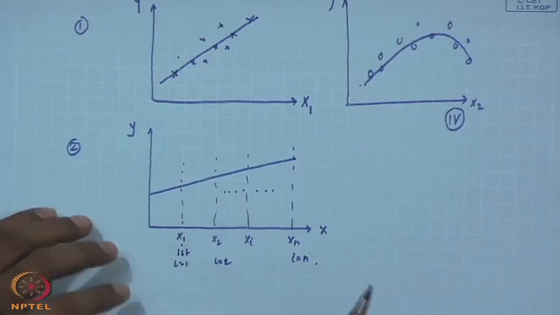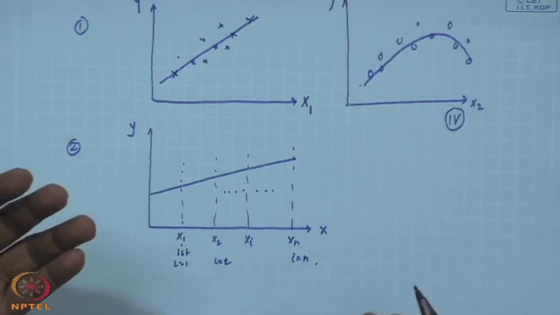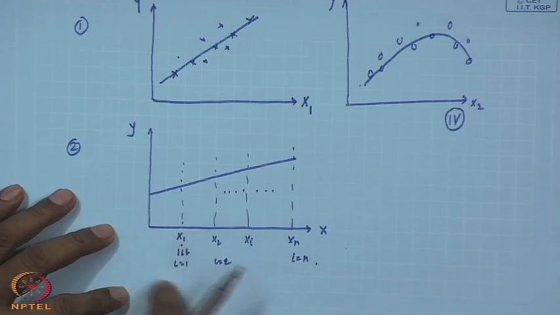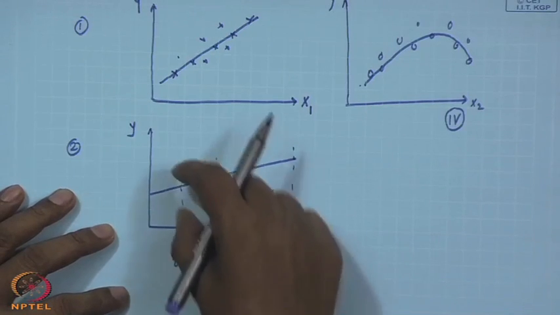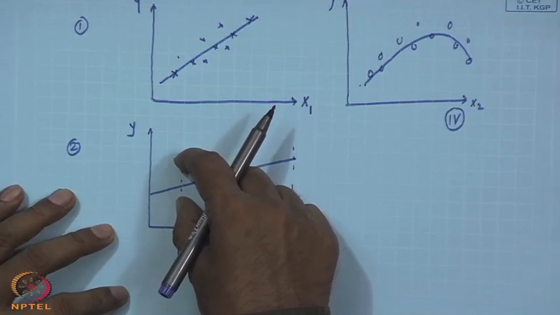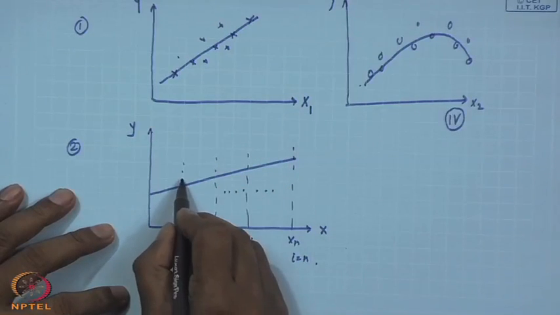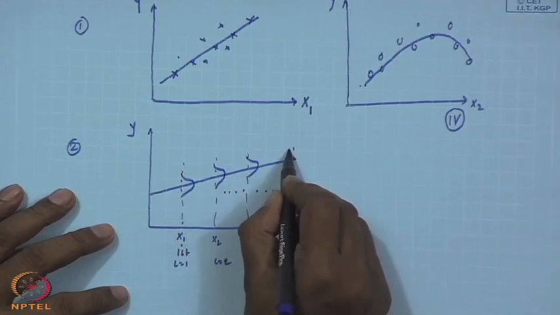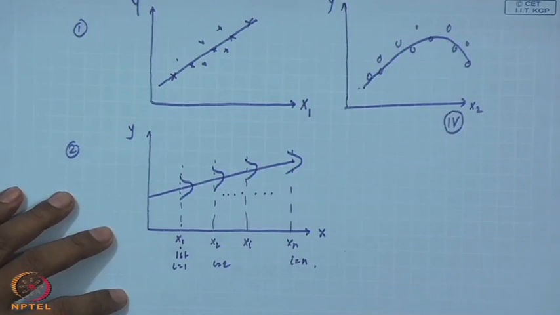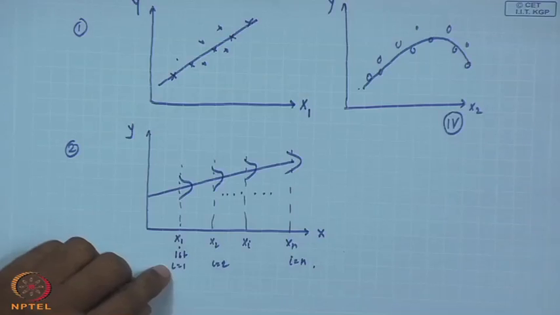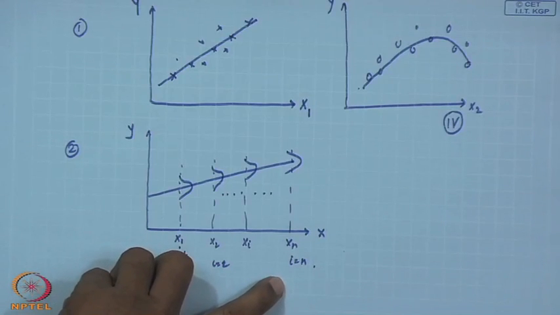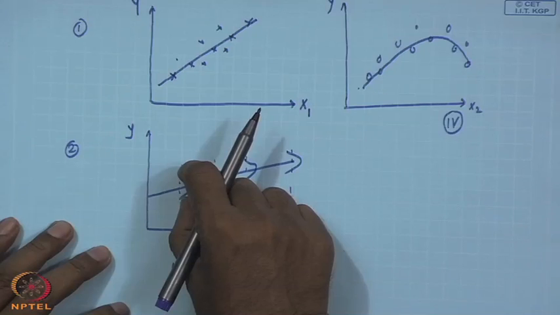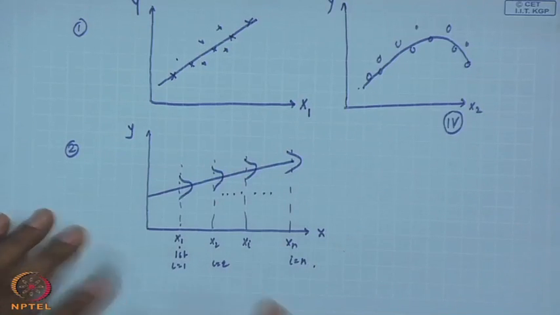We are saying that you will collect one sample, but you may collect several samples also. Under such a condition, for a particular value of x, you may get several values of y. If you plot this, then whatever variability of y you observe must be equal.